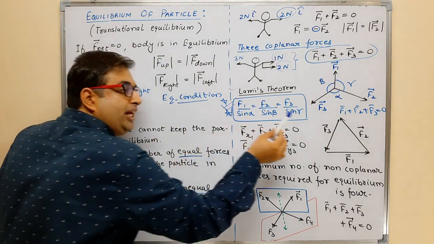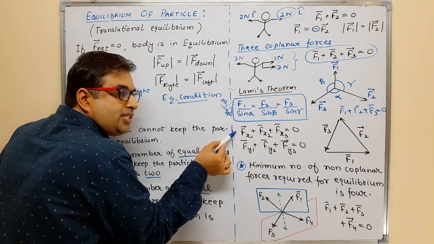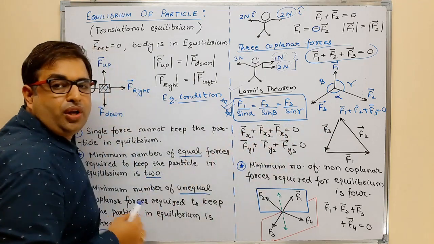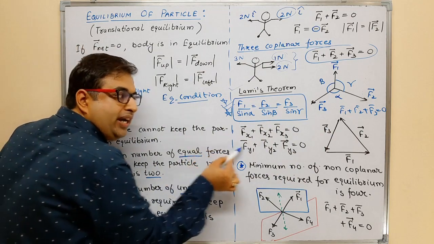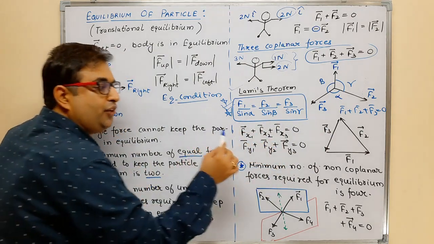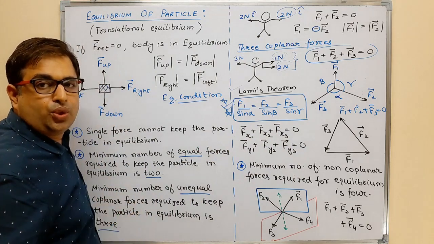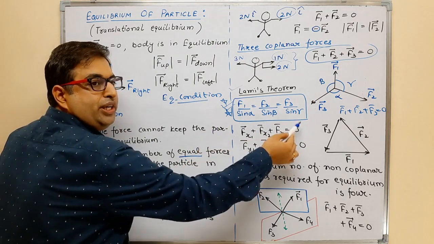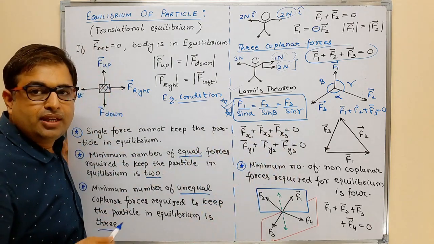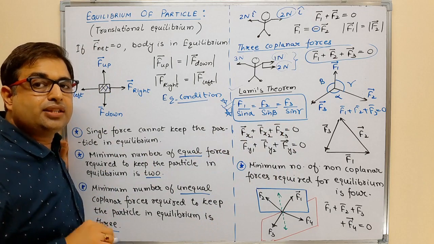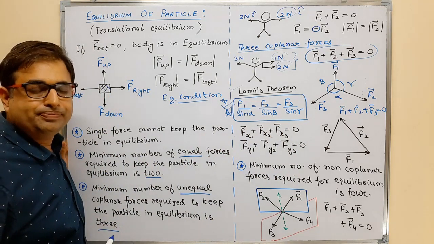Now, if net force is equal to 0, then the vector sum of x components of all the forces will be equal to 0 and the vector sum of y components of all the forces will also be equal to 0. That means if net force is 0, sum of x components will be 0, sum of y components will also be 0. Similarly, if vectors are in 3D, then sum of z components is also equal to 0.